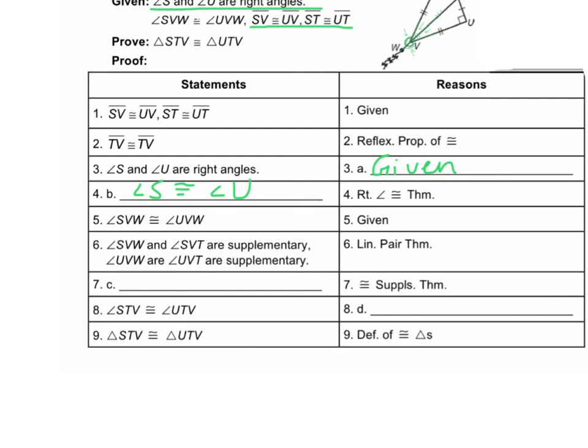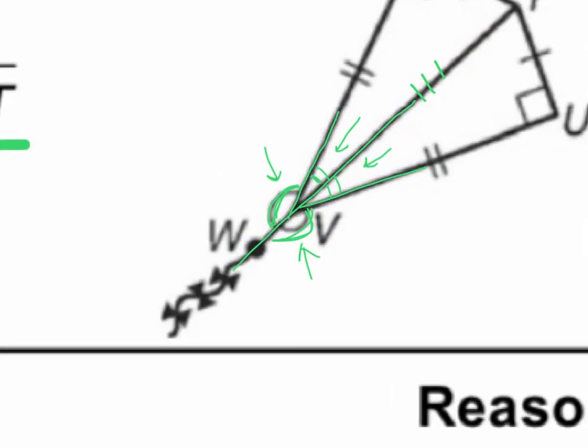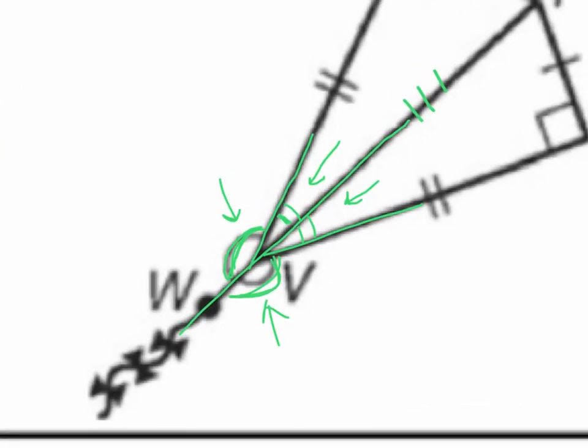So step 7 says we're going to use the congruent supplements theorem. What is the congruent supplements theorem? If we have two angles that are congruent to each other, then their supplements are going to be congruent. So now we're talking about these blue angles here. These two angles are supplements to two angles that are congruent.